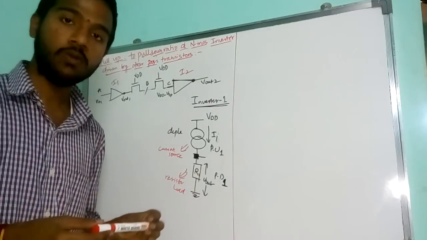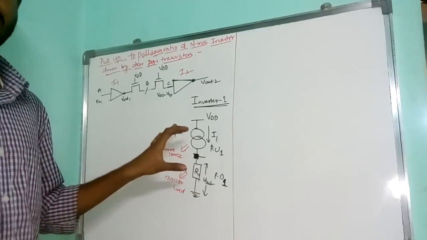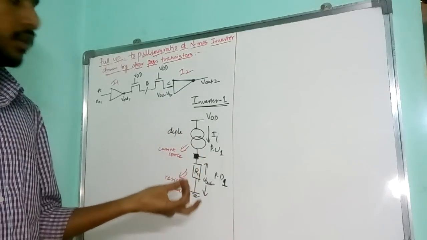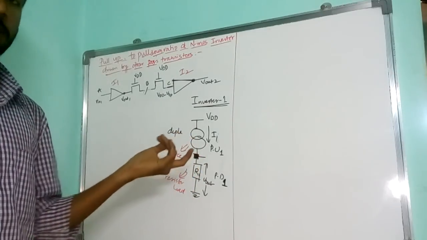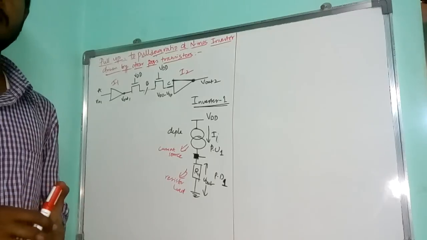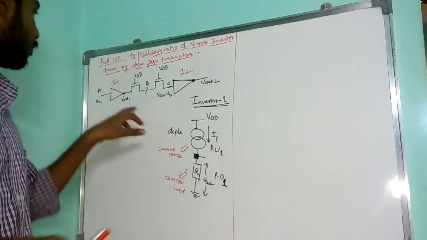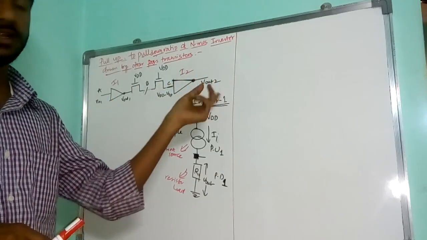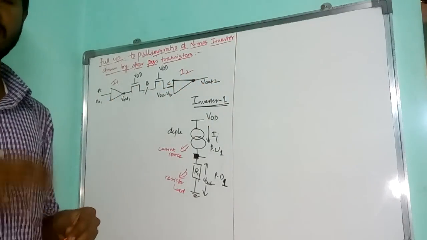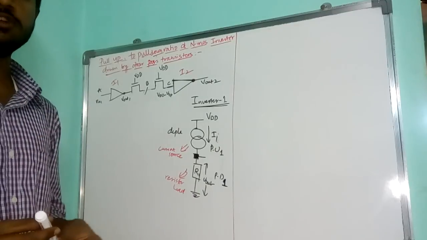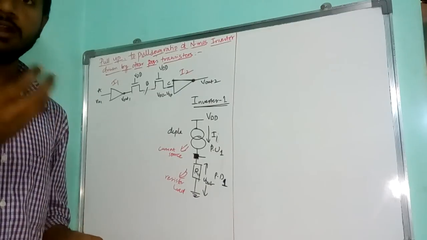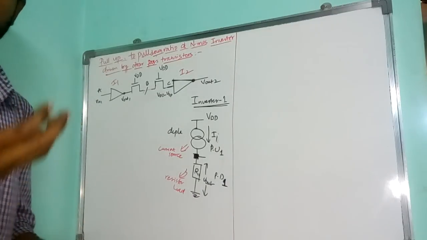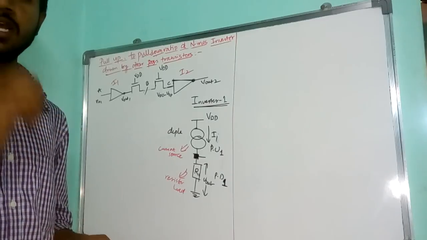Now we need to calculate these two currents in the pull up network and pull down network, and we need to calculate V out of the first inverter. Same is the case with the second inverter. We need to calculate V out 2 and equate both of them, so that we get at what pull up to pull down ratio we get both the voltages equal.